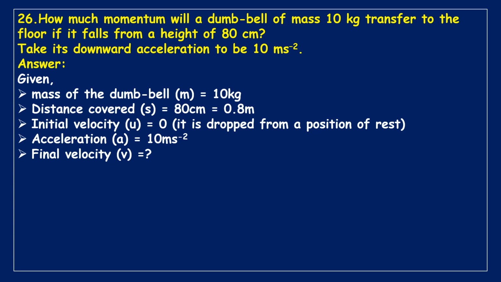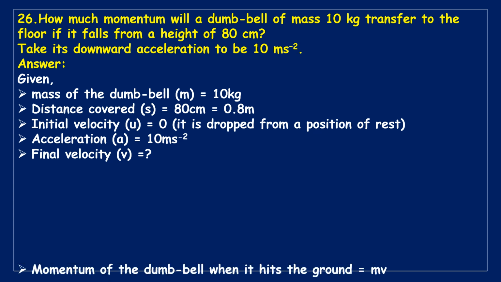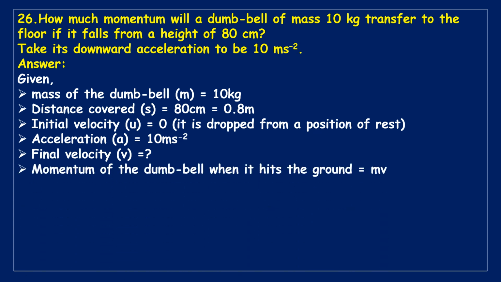Final velocity we have to find out. Now, momentum of the dumbbell when it hits the ground is equal to the product of mass and its velocity. Momentum formula is mass times velocity. As per the third equation of motion, that is v square minus u square is equal to 2as.